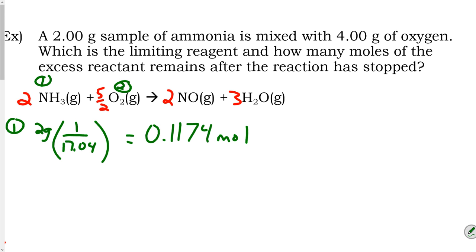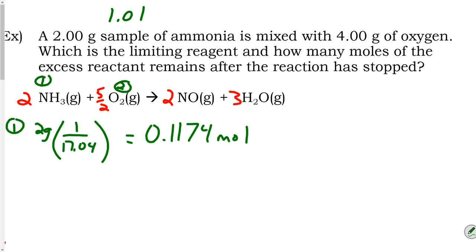Nitrogen is 14.01, and hydrogen I count as 1.00. I go to 2 decimal places, and I get 17.04. Since all of us use different rounding, that's all. As long as you're close, I can figure it out.